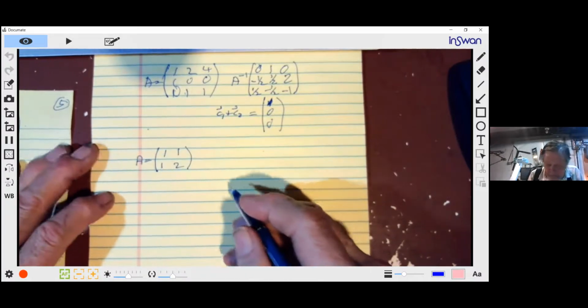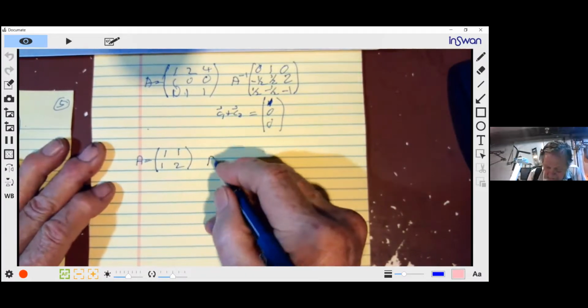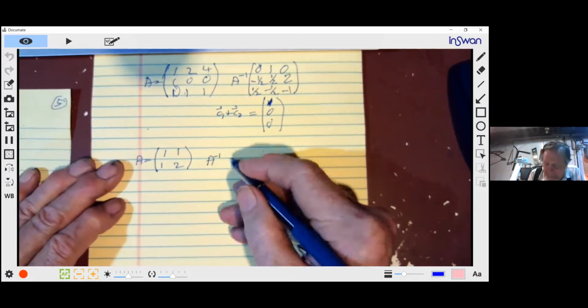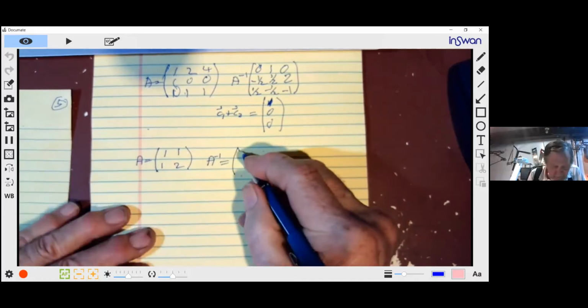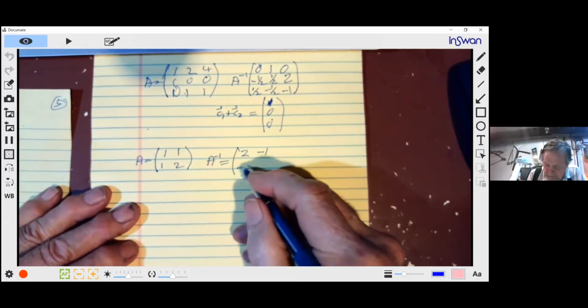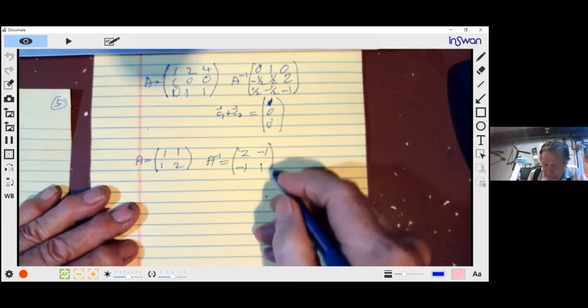So if that is A, then A inverse is 2, minus 1, minus 1, 1.